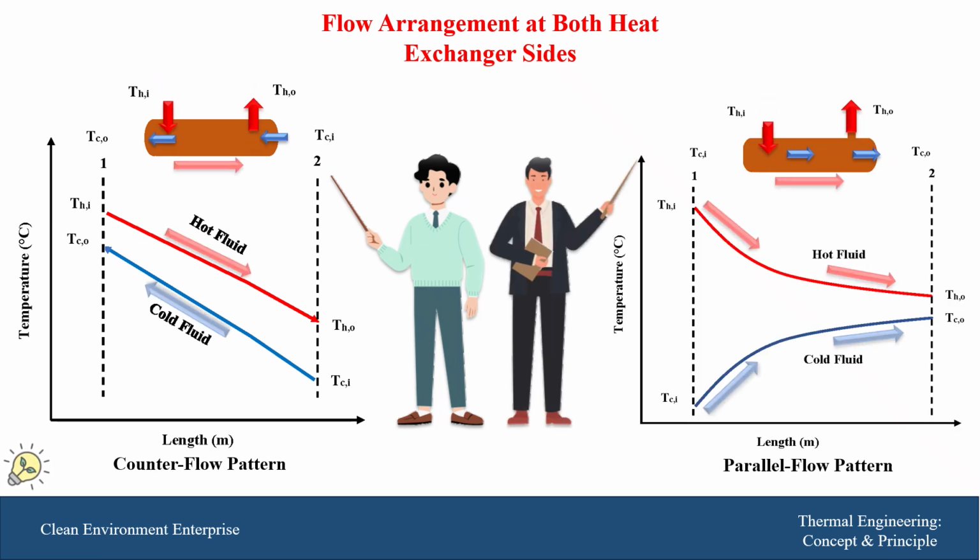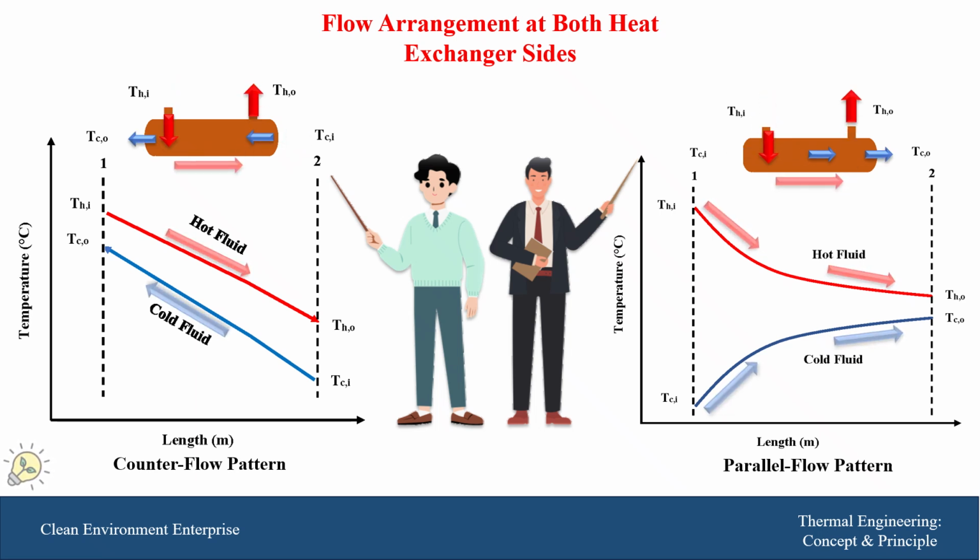The first one is called the counterflow pattern, and the second one is called the parallel flow pattern. In the first type, the fluids on the shell side and tube side enter the heat exchanger from opposite ends of the heat exchanger. Therefore, as they are passing through the heat exchanger, the flow is counterflow.